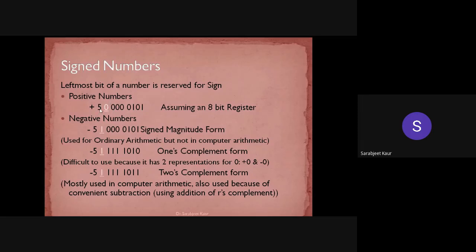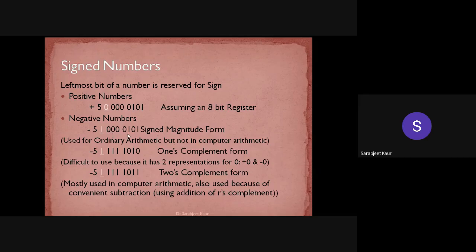A 0 represents a positive sign and a 1 represents a negative sign. Always, a 0 represents a positive number and a 1 represents a negative number.